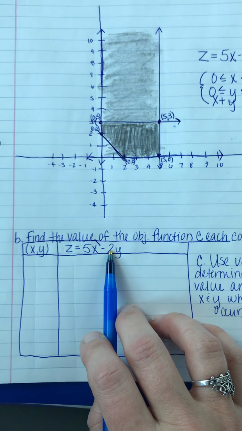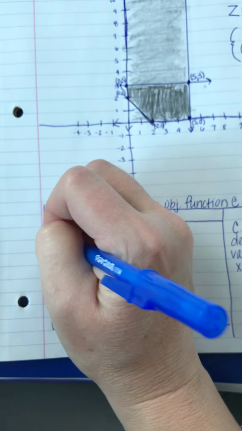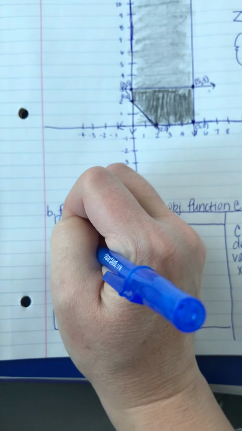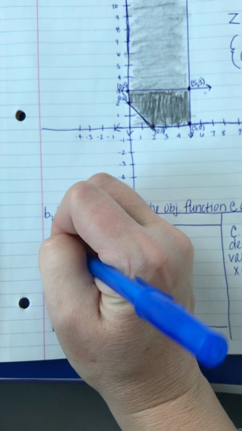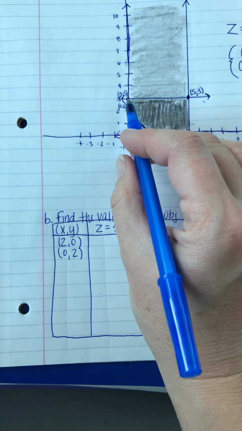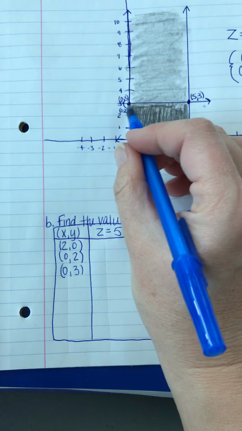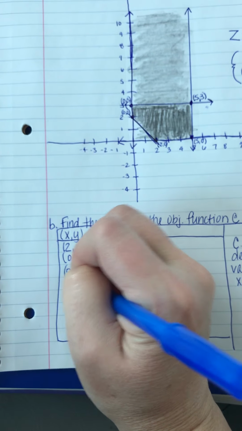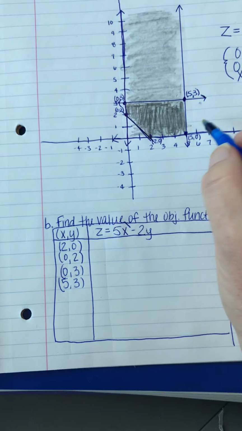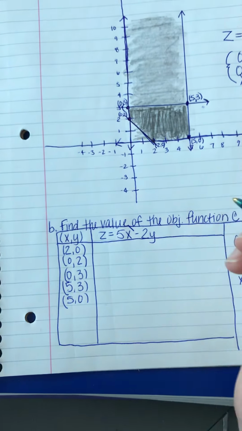So first we will take the point 2, 0 and then 0, 2 and then 0, 3, 5 and 3, and then 5 and 0.